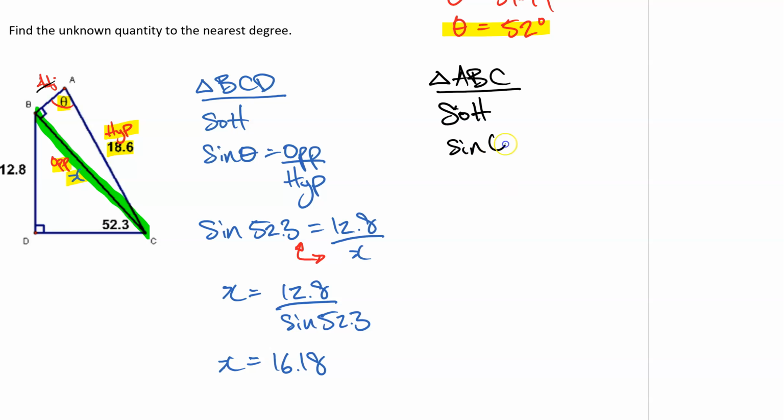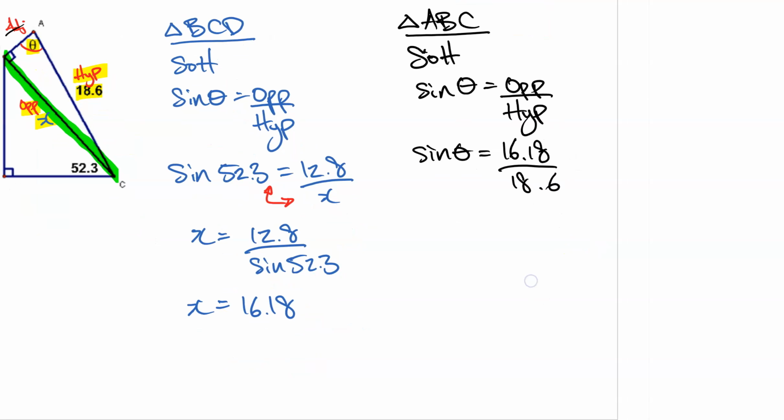Sine of theta is equal to opposite over the hypotenuse. And so sine of theta, which we are trying to find, is equal to opposite, which is 16.18, and the hypotenuse, which is 18.6.